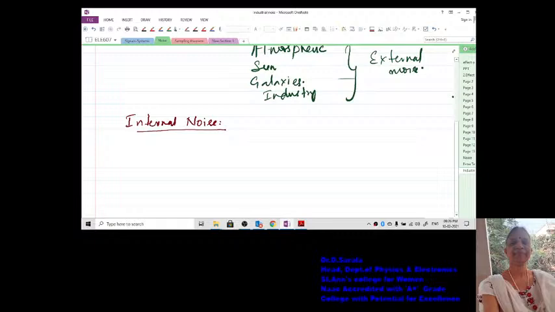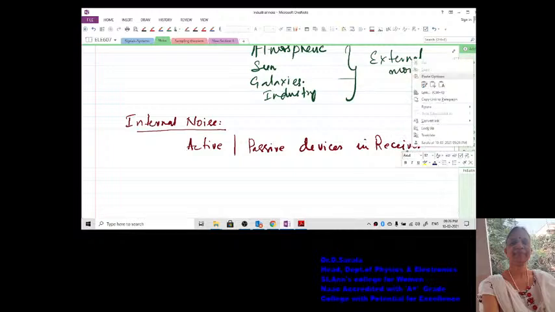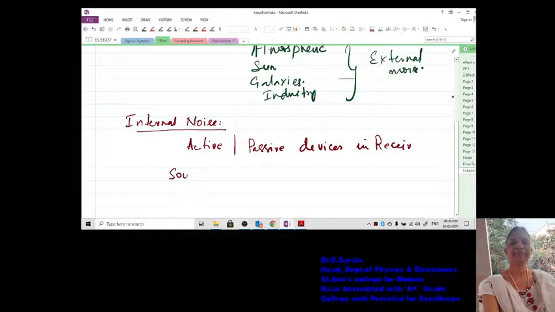This is noise which is created by any of the active or passive devices in receivers. Where do you find this noise? In the receiver, isn't it? So what do you have? You have a source, you have a channel, and then you have a receiver. This is the basic fundamental building block of any communication system, isn't it?